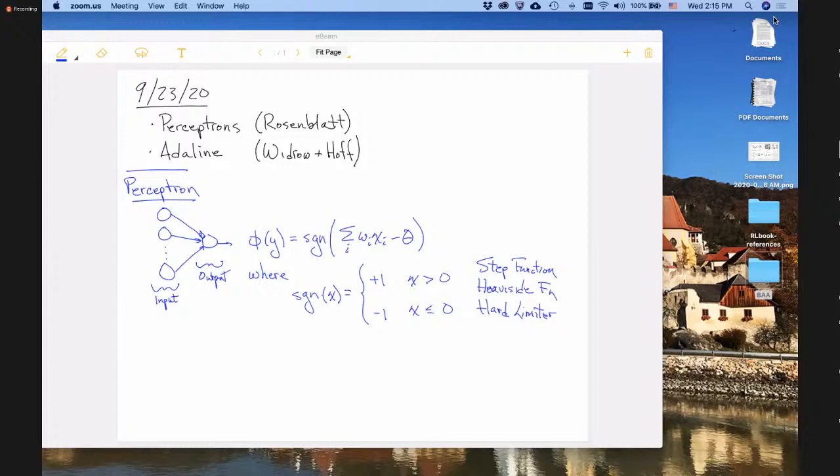All right, so with this, we can proceed to define what we're doing with the perceptron. So we're going to let W be a vector of weights, and X be a vector of inputs.